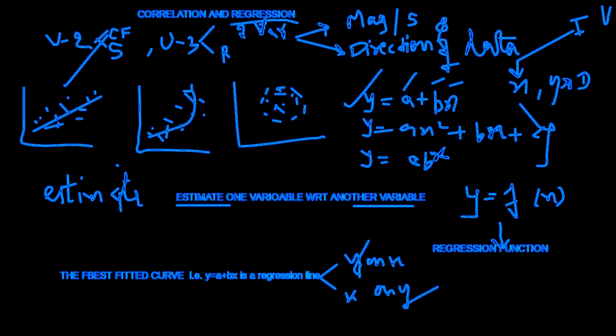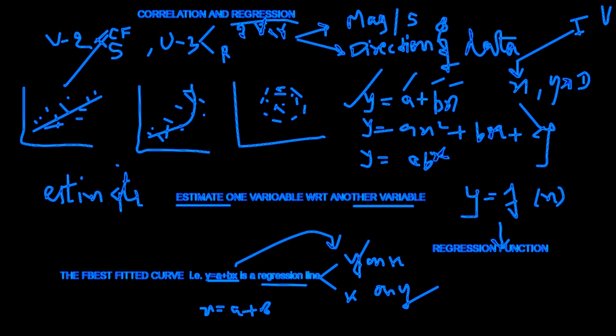So we can have a regression line both in terms of y on x and x on y. If you have y on x, the equation would be y equals a plus bx, meaning y is the subject, depending on x. But if we have a regression line of x on y, then your equation would be x equals a plus by. Always remember, very very important.